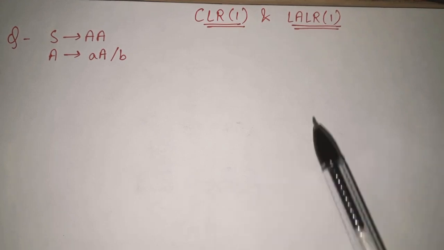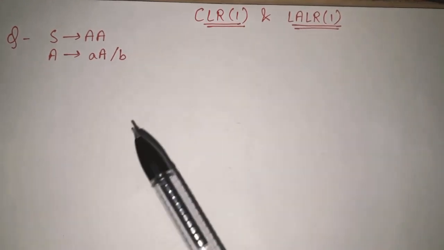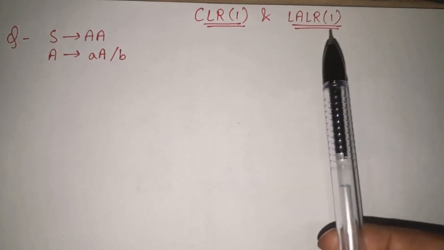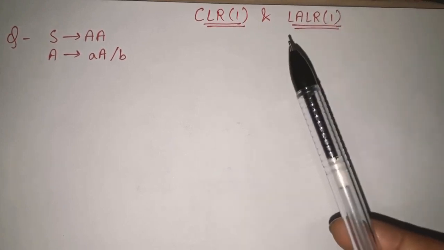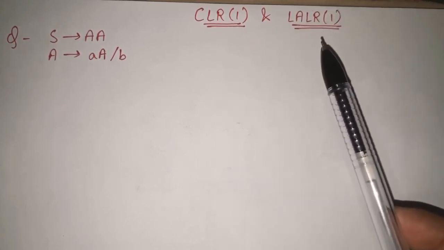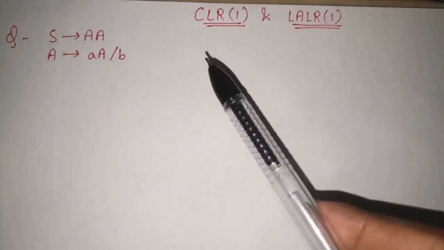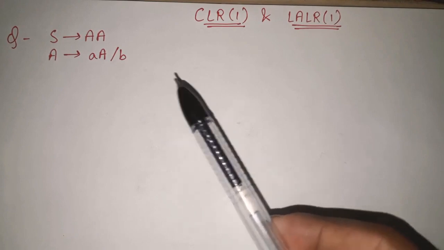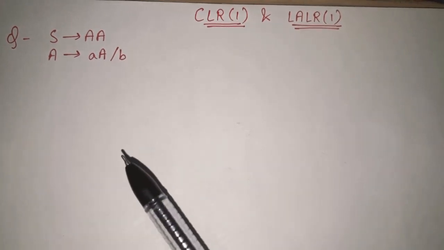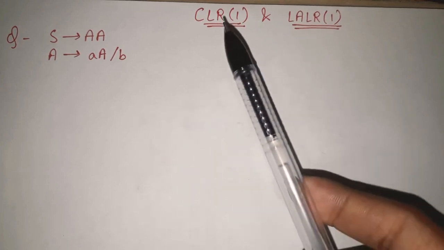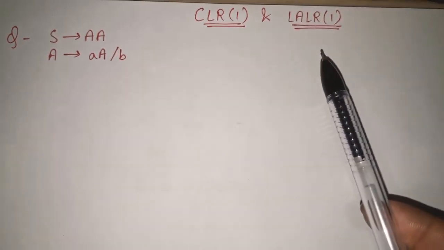Now I am taking both of them in a single video and a single example because LALR1 is nothing different. We can say that LALR1 is nothing but a compressed or minimized form of CLR1. That means the whole process of making the canonical collection of LR1 items and the parsing table, all the steps of CLR1 and LALR1 will be the same.